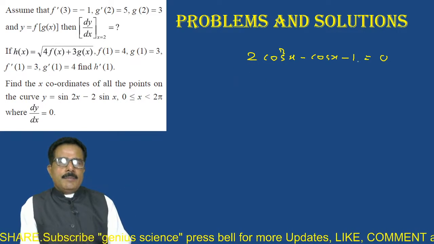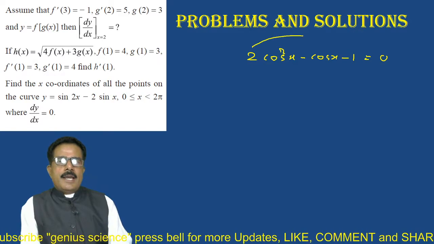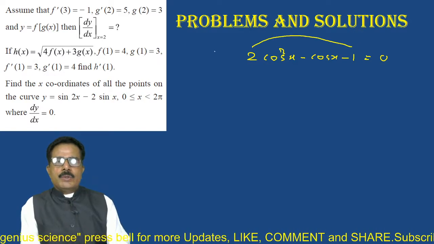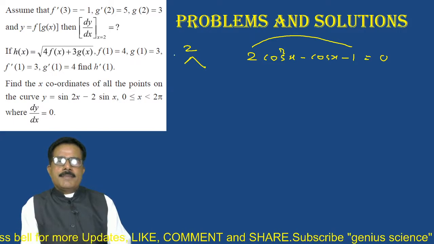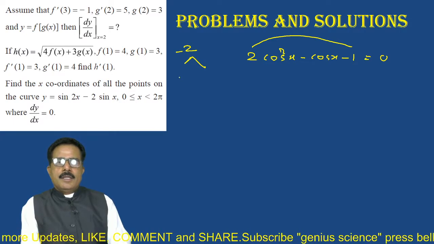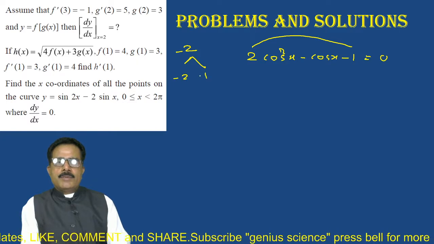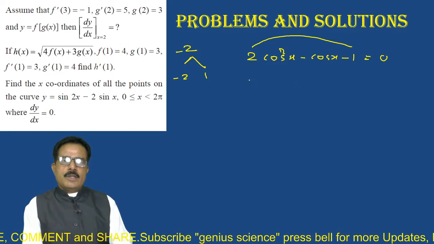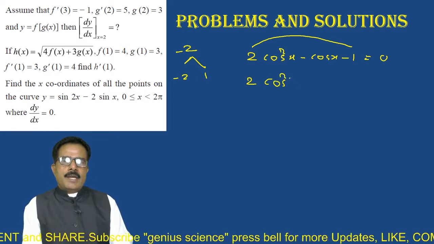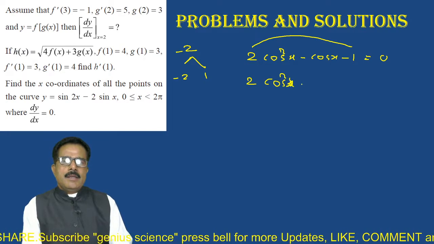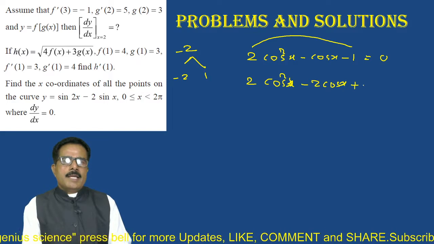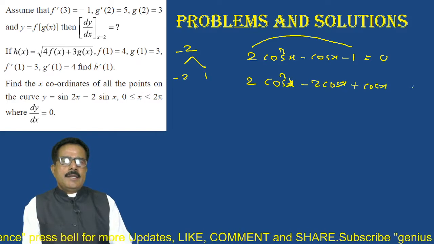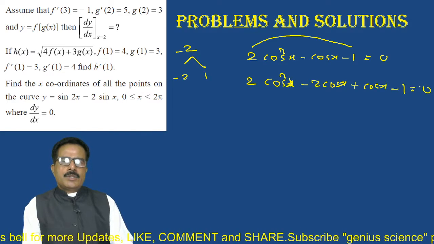So we factorize the 2 in such a way that whose subtraction is minus 1: minus 2 plus 1. These are the required factors. Now solve this. 2 cos square x minus 2 cos x plus cos x minus 1 equals 0.